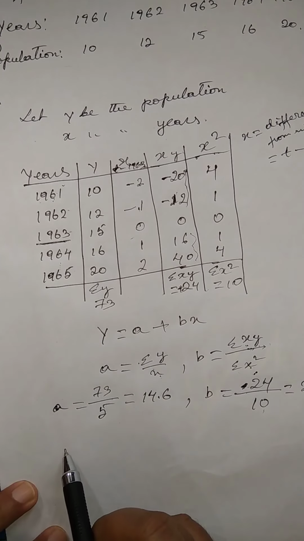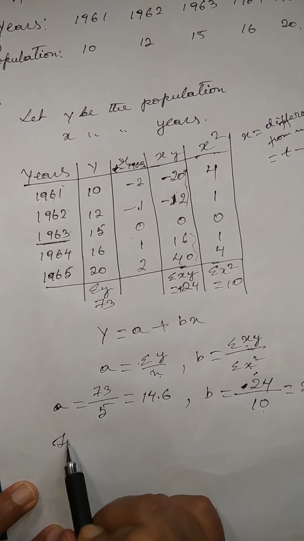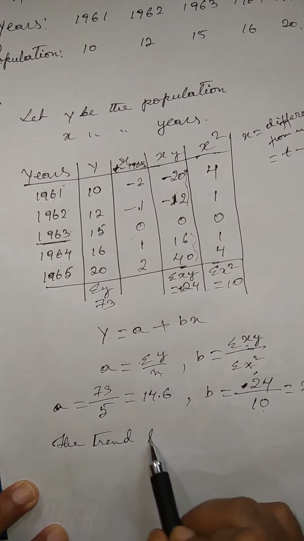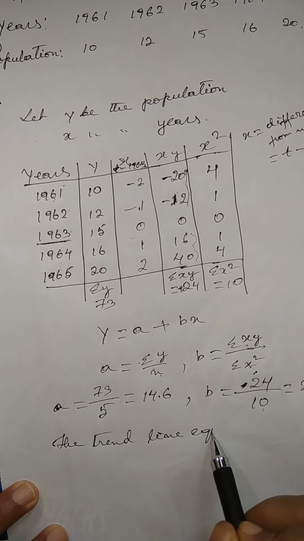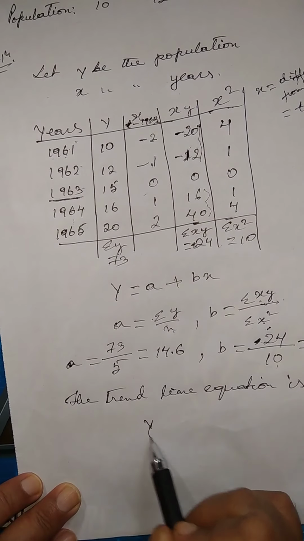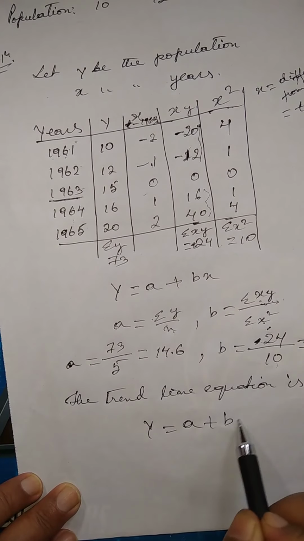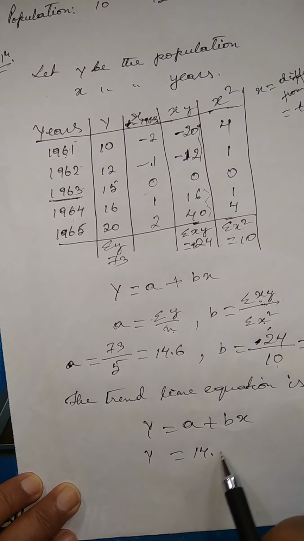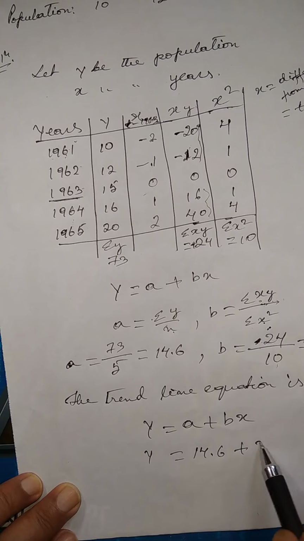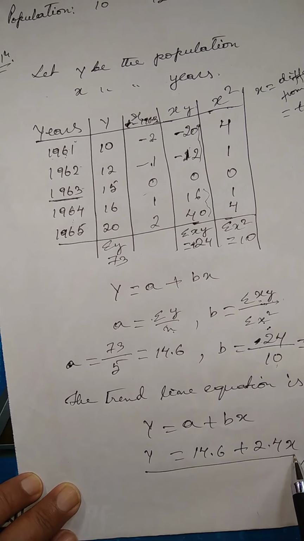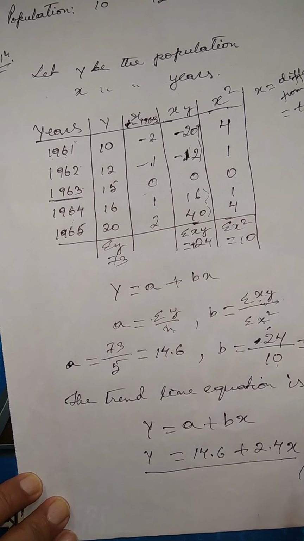So the trend line equation is y equal to a plus bx, which is y equal to 14.6 plus 2.4x.